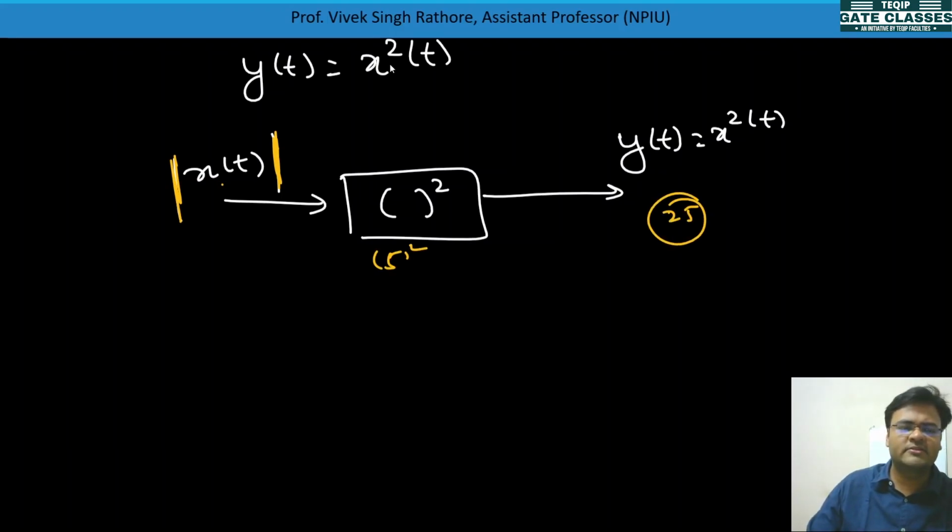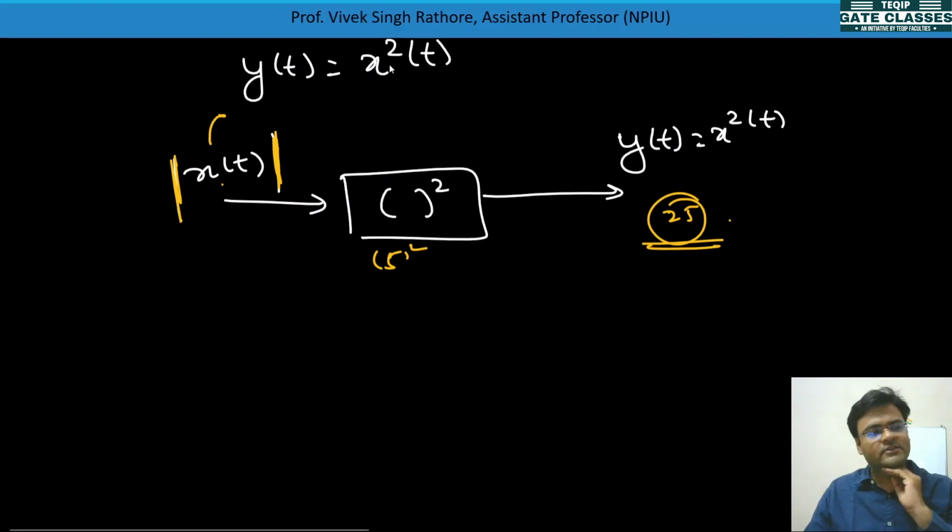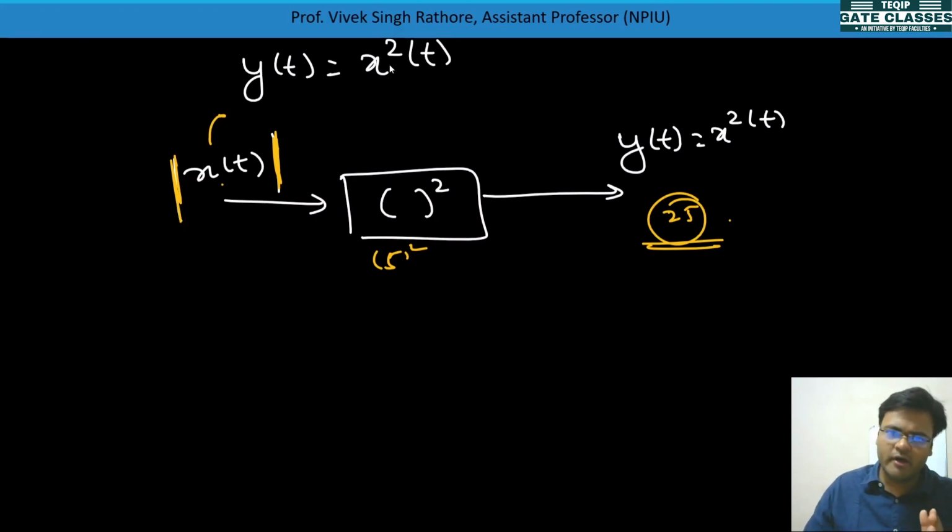So ultimately some value will be there, it is not an infinite value. And if xt is unbounded, then yt will be unbounded, no problem. But the condition we are checking is if xt is bounded and yt gives a bounded output, then the system will be BIBO stable.